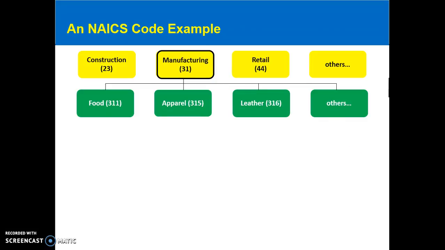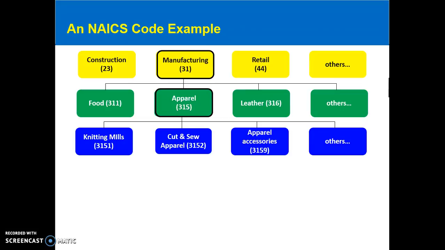Then as you keep adding one more digit to the NAICS code, it keeps getting more and more specific. So within manufacturing, apparel would be 315. All the companies in the apparel sector would have the NAICS code of 315. And as you drill down further within apparel, to what exactly they are doing, they could be knitting, they could be cutting and sewing.